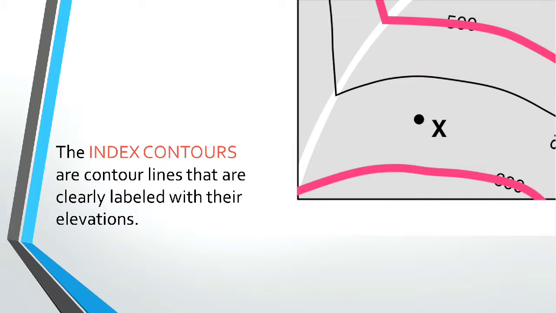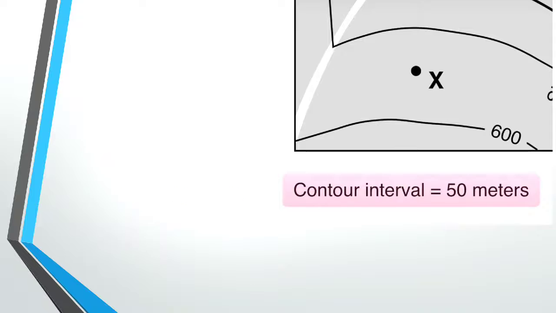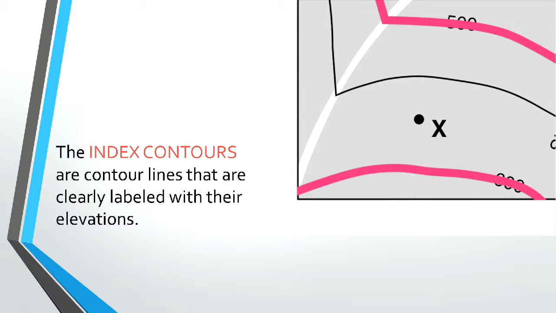Index contours are contour lines that are clearly labeled with their elevation. Unfortunately, most topographic maps do not have enough room to label the elevation of every single line, and this is why we use index contours, maybe every 5th line or every 10th line depending on the map.